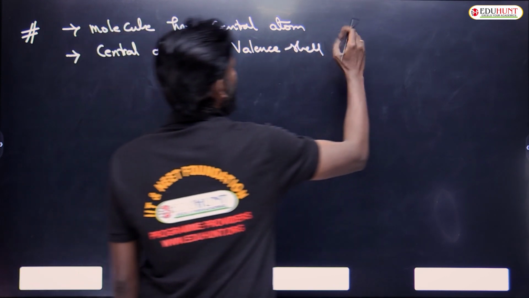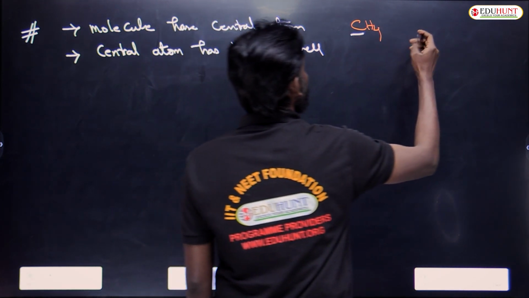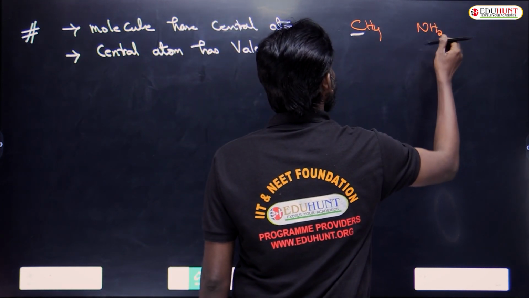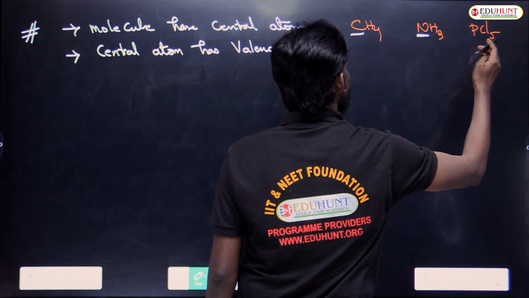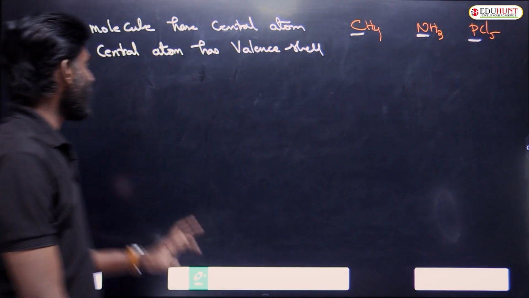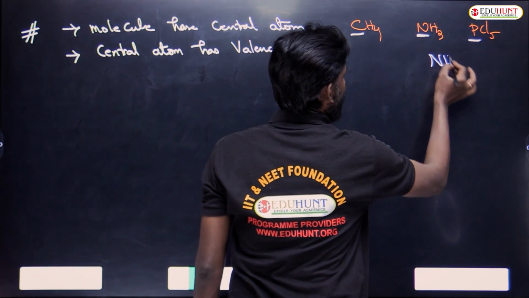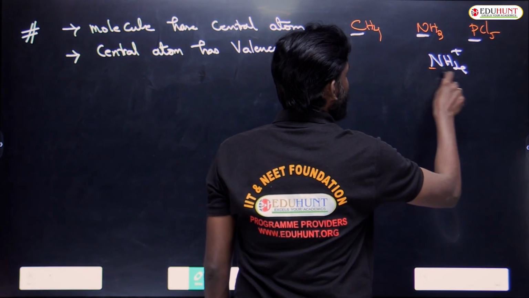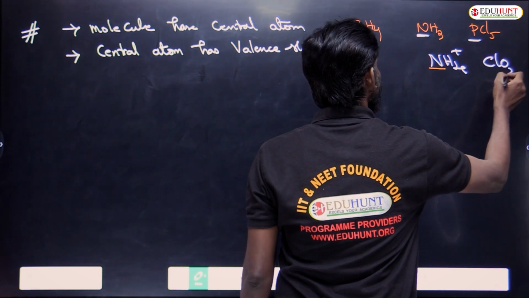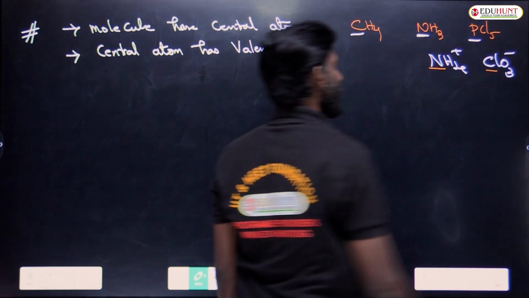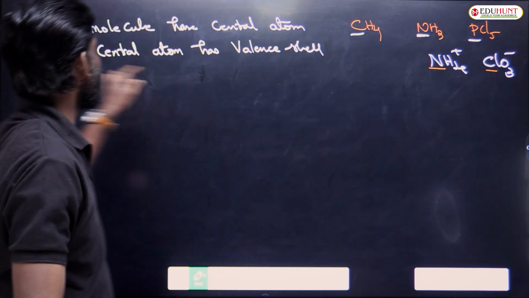For suppose, if you take methane, carbon is the central atom. If you take ammonia, nitrogen is the central atom. If you take PCl5, phosphorus will be the central atom. If you take NH4 plus, nitrogen is the central atom. If you take ClO3 minus, chlorine will be the central atom. Like that, every molecule or ion has a central atom. The central atom has a valence shell.